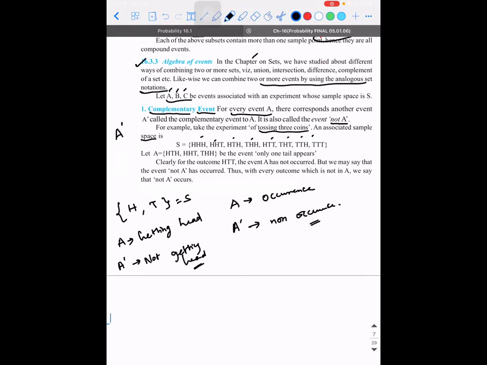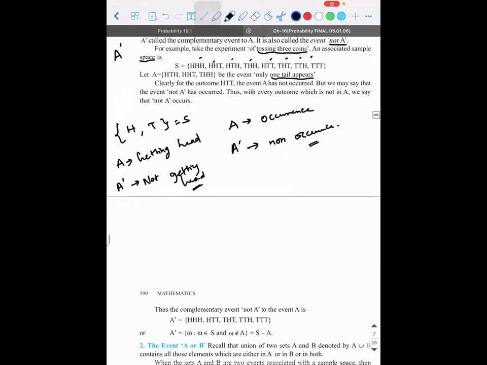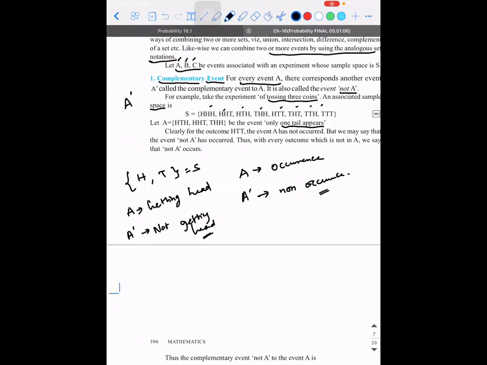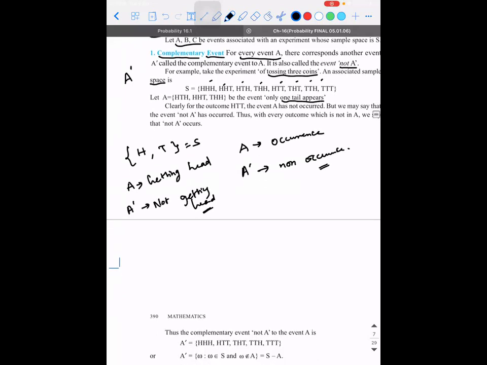It is the event where only one head appears. So, what are all the sample points that are dropped? So, 5 are dropped, right?